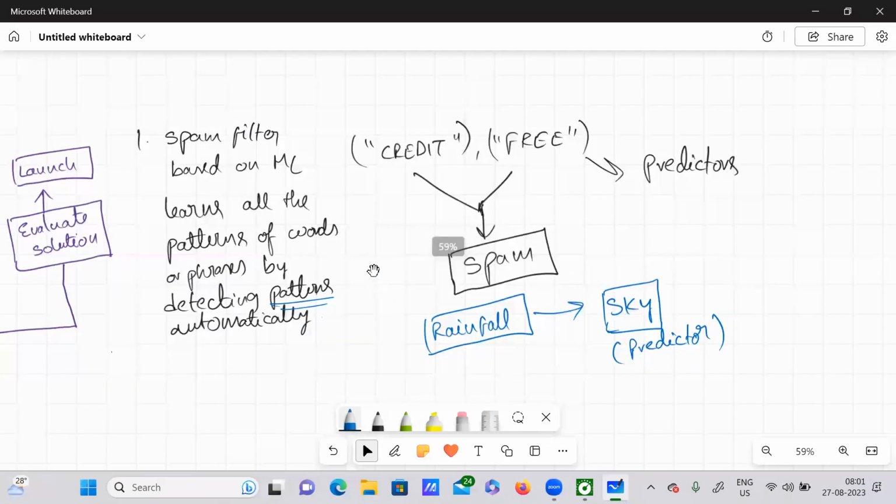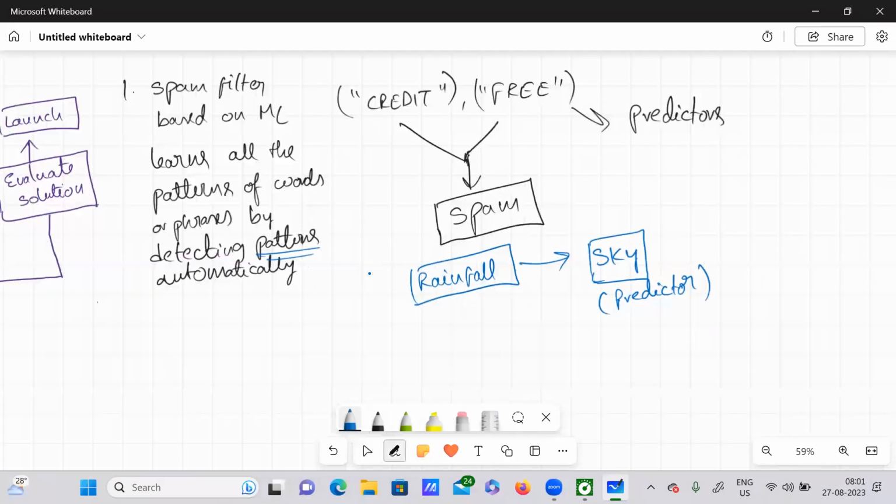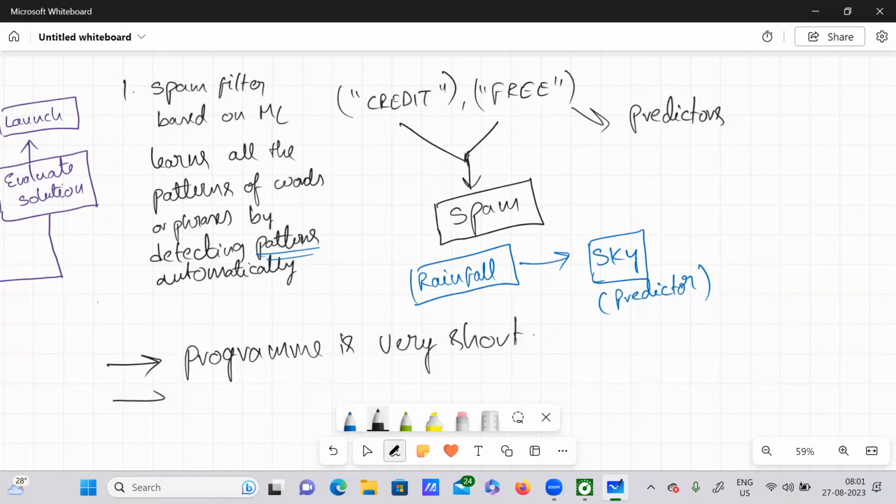But what is the advantage of writing a spam filter with a machine learning algorithm over the conventional method? The most important advantage is that the program is very short. It is easy to maintain, with no need to write any complex rules. It is much easier to maintain.